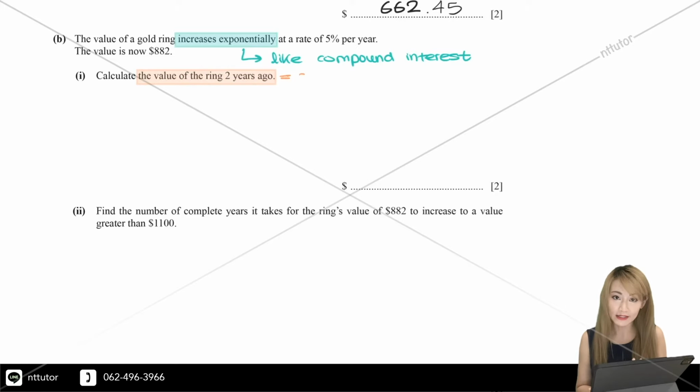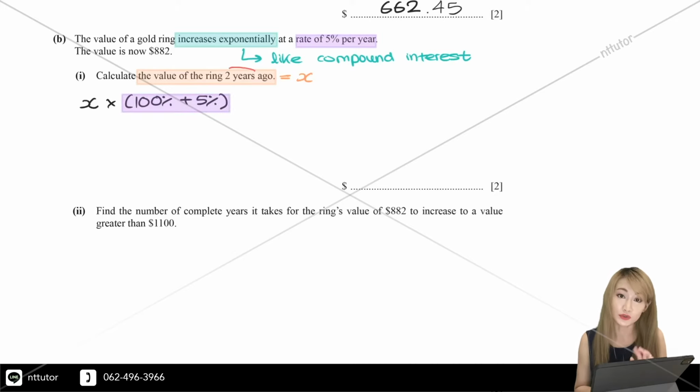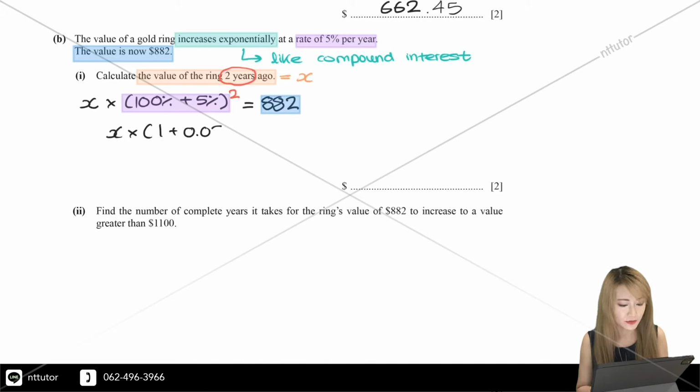So if we let that equal x, so x was increased at a rate of 5% per year, so 100%, add on another 5% for 2 years, so that's to the power of 2, because we're working like compound interest. And we know that this equals the value now, which is 882. So we can set this up and solve for x by rewriting the percentage as decimals.